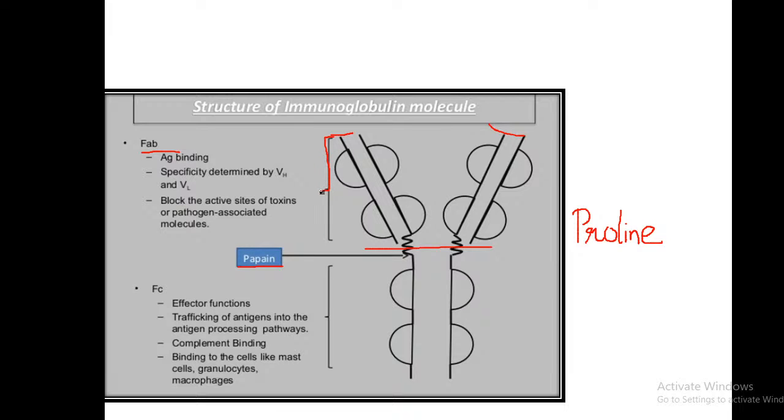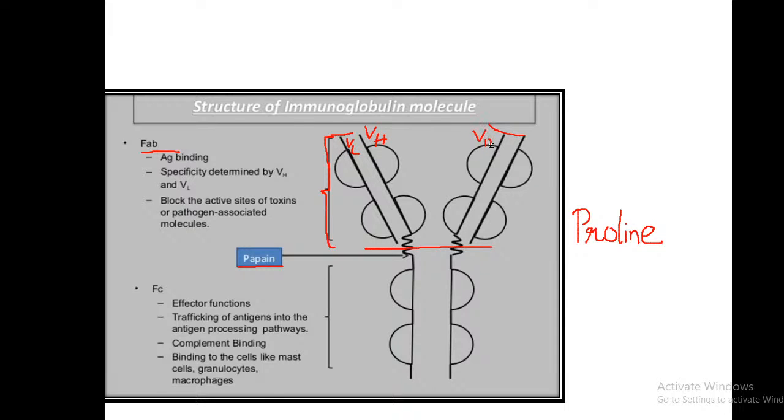This is FAB, and FC is the constant region. And the antigen binding site is determined by the variable heavy chain. The part of the heavy chain is called variable heavy chain, and the part of the light chain is variable light chain.